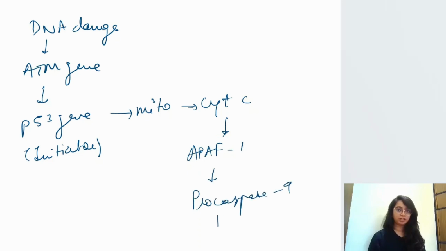Right, this procaspase 9 will activate caspase 9, which will activate caspase 3, 6, 7. So as you know that effector caspase 3, 6, 7 are activated, and it will lead to the apoptosis, right? So this is how the p53 will work and cause the activation of these caspases, which will lead to apoptosis.